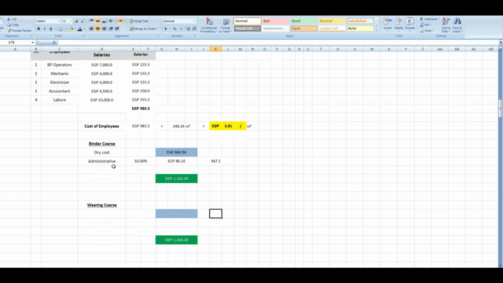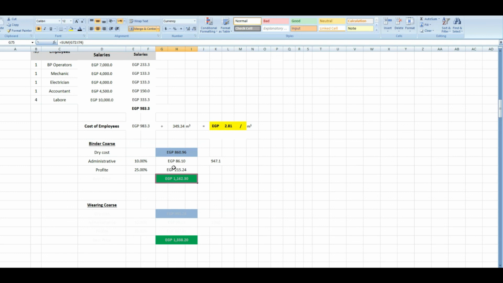This profit can be 25, can be 30, can be 35, according to the owner of the batch plant and the place on which the batch plant is built, and according to the circumstances. This profit is calculated as follows: equal 25%, the assumed profit, multiplied by the dry cost.